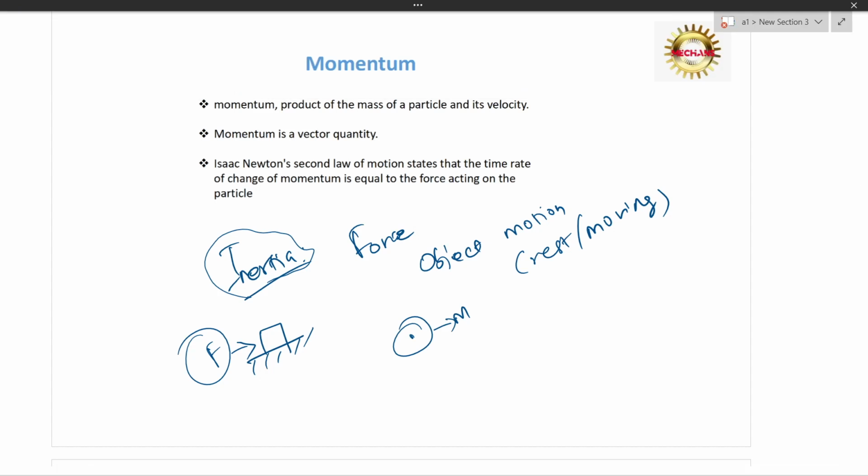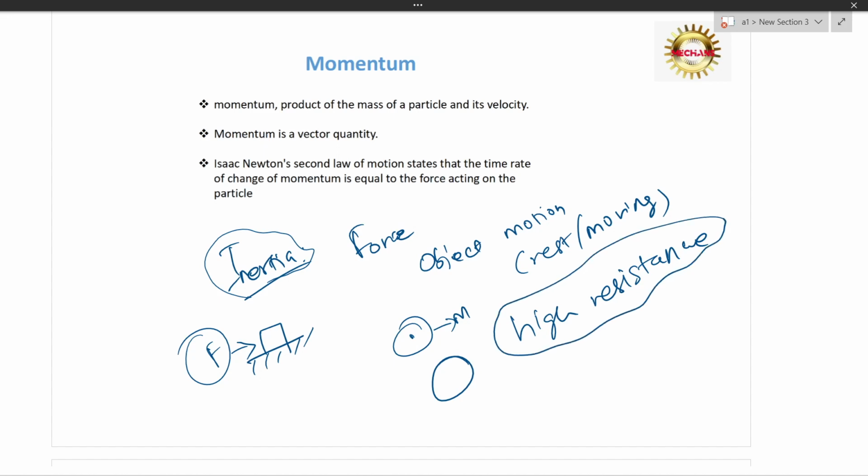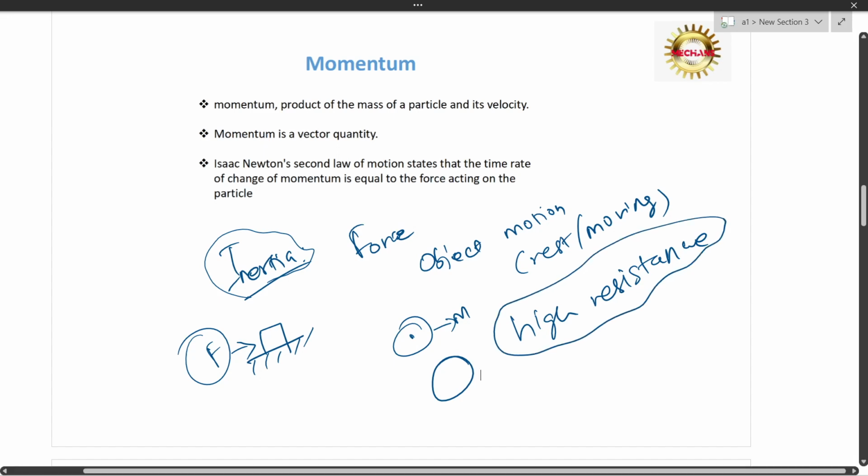If one object has high inertia, it has high resistance to change its motion. So inertia is a resistance to change its motion, either at rest or moving.